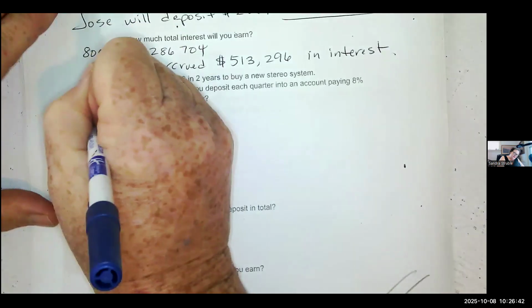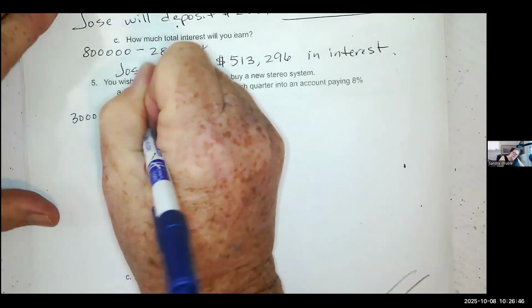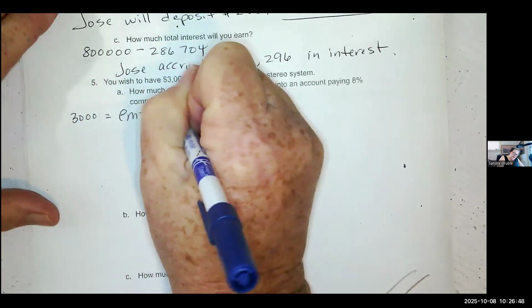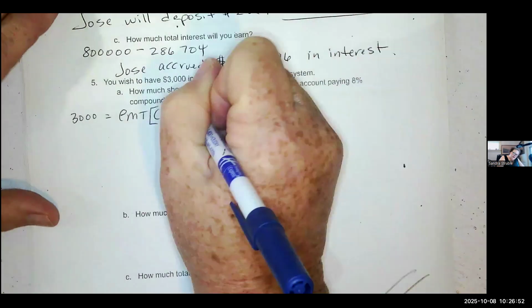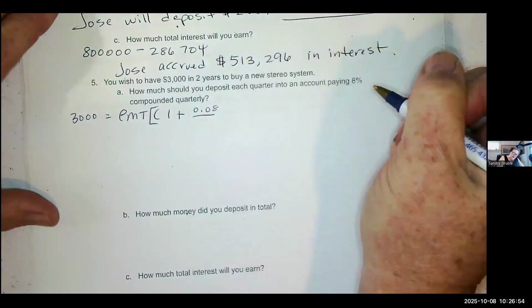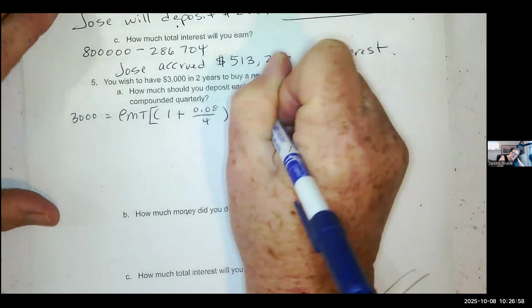So I want $3,000 and PMT, 1 plus 0.08. We're putting the money in quarterly for 2 years.